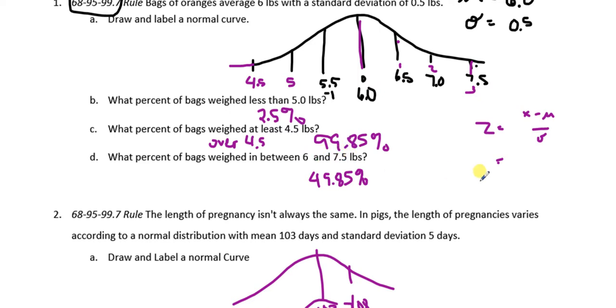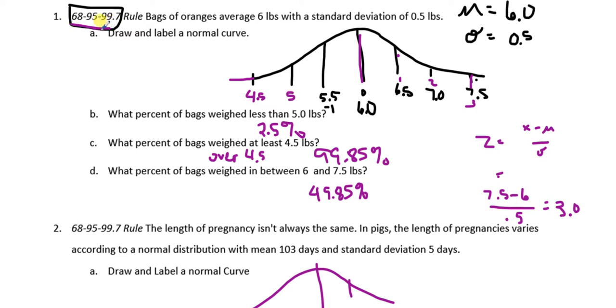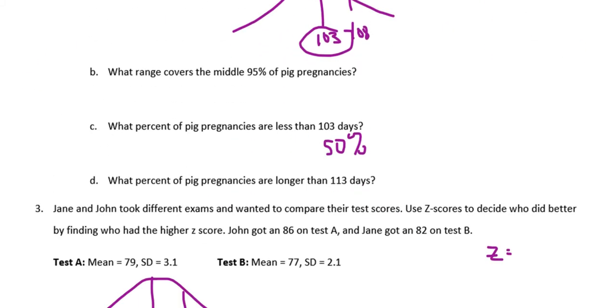If I do 7.5 on a problem like this, it'd be 7.5 minus the mean, which is 6, over the standard deviation, which is 0.5, and I get 1.5 over 0.5, which is 3.0. And I could look it up on the chart, but like I said, we're just going to use that for this kind of problem.